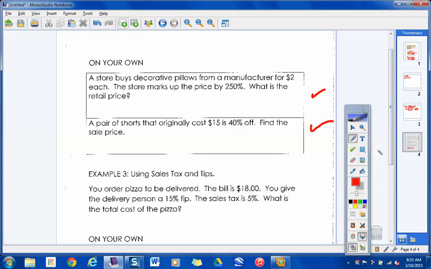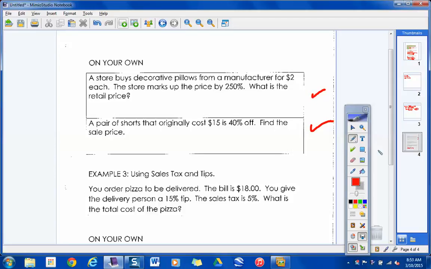Okay, Taryn, I'm going to read that out quickly, so everybody knows what we're asking, and then you explain to me how you're processing through this. It says a store buys decorative pillows from a manufacturer for, oh, there's that $2 wholesale price again. Store marks the price up by 250%. What's the retail price? Alright, I'm listening.